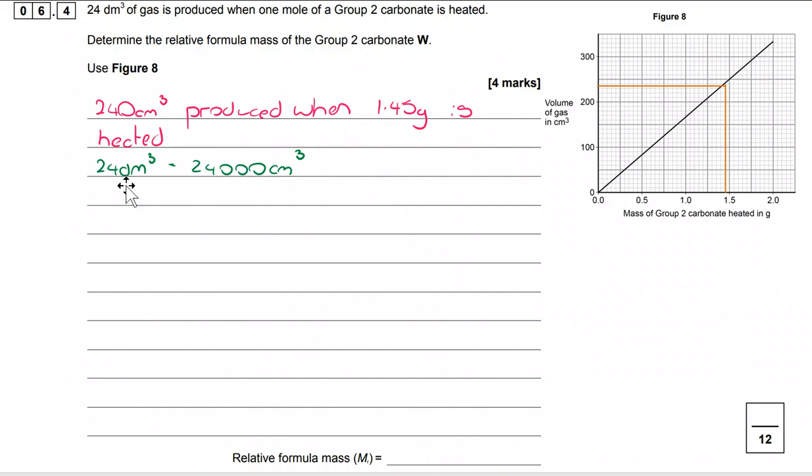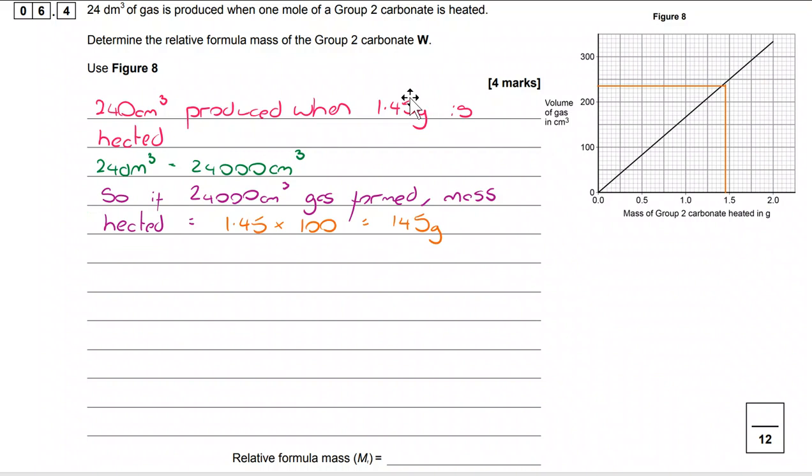Now, if I remember that 24 decimeters cubed is 24,000 centimeters cubed, I can then work out what mass would have been formed if there were 24,000 cm, or how many would have been heated, if 24,000 cm cubed of gas had been formed. And it's going to be 100 times the 1.45, which is 145 grams.